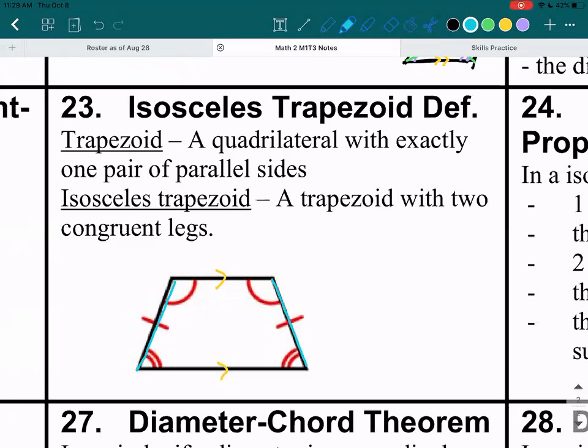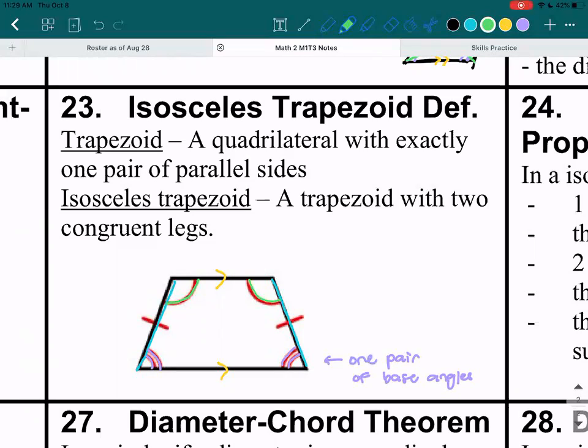Okay, let me just note that in any trapezoid you have pairs of base angles. So these two that I'm marking in purple, this is one pair of base angles and they are congruent to each other. And then there's also these top ones.